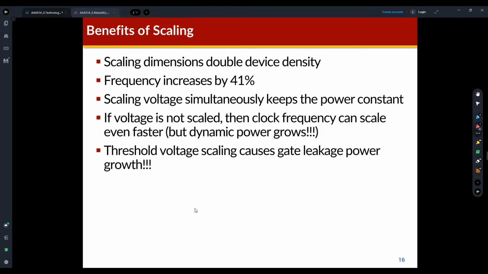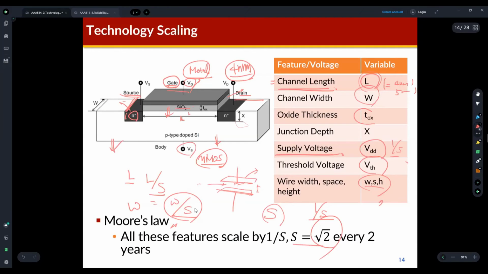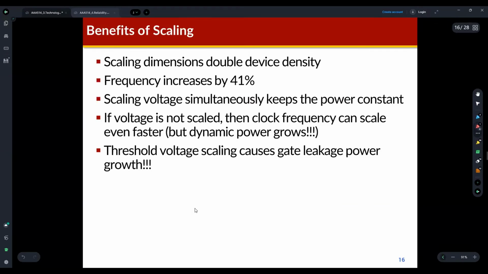So device density increases, and also frequency is increased by 41% because it's defined by this scaling factor. Okay.